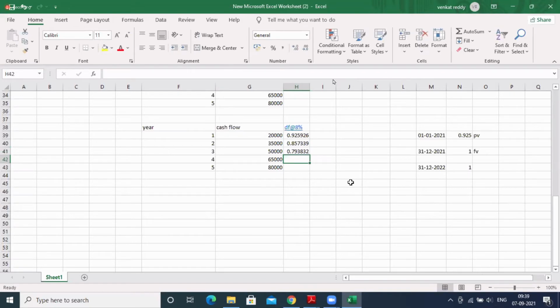So the value of $1 after 3 years is equal to 0.79 in the present terms. So similarly, we will be calculating for the fourth year and the fifth year. So I hope these discount factors are clear.